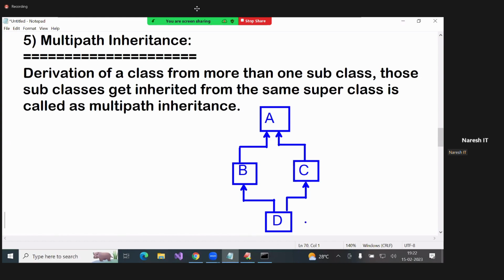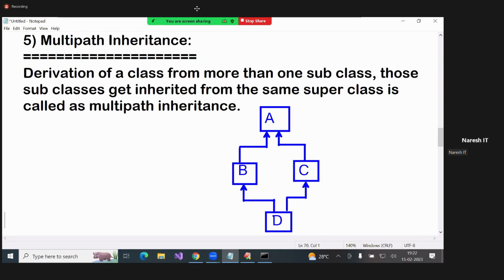Now, D class is derived from B and C. B and C are subclasses only, no? These subclasses inherited from the same superclass. It is called multipath. Why we are calling it multipath: A to D, via B one path, via C one more path.